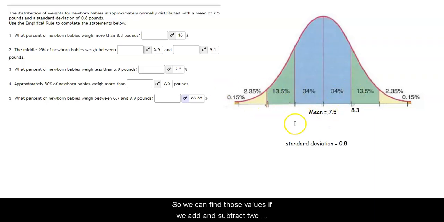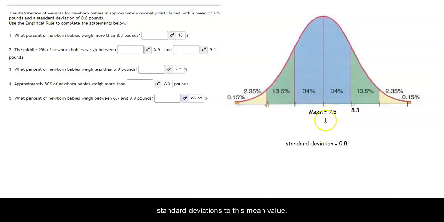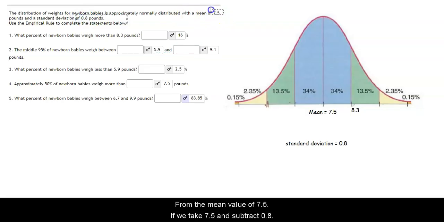We can find those values if we add and subtract 2 standard deviations to this mean value. So this 5.9 comes from subtracting 0.8 2 times from the mean value of 7.5. And then if we take 7.5 and add 0.8 2 times, we'll get 9.1.